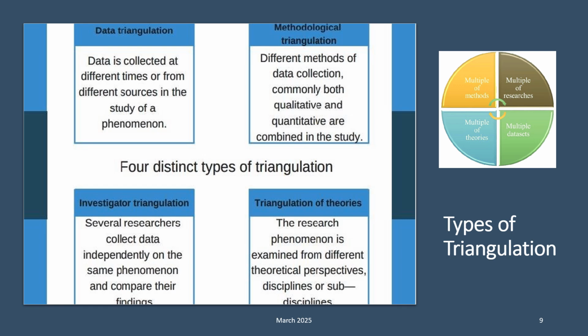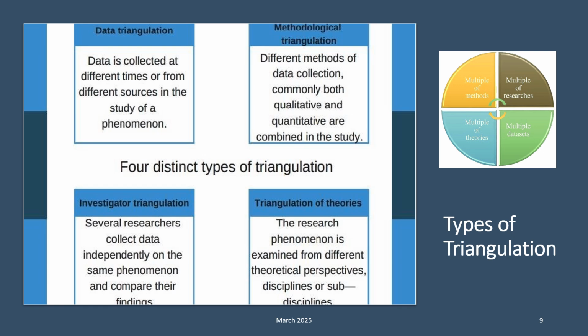Methodological triangulation is collecting both quantitative and qualitative data in the same study to obtain an in-depth understanding of a particular phenomenon. So data triangulation could involve only quantitative data or only qualitative data, but you collect them from different participants or at different timelines.